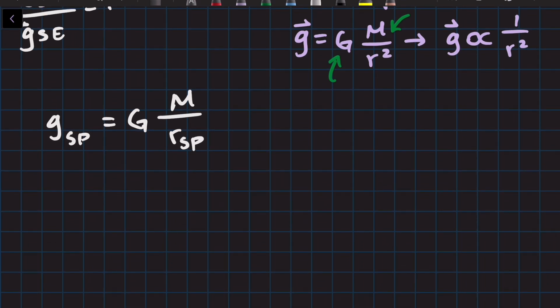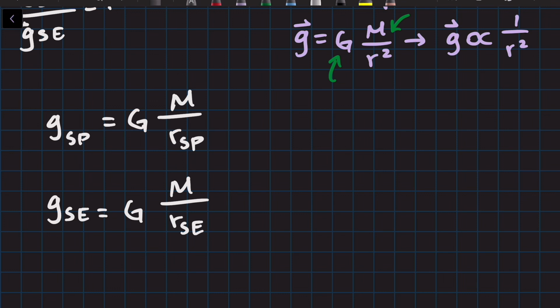Likewise, the gravitational field for sun and the Earth is going to be the gravitational constant, mass of the sun, divided by the distance between the sun and the Earth squared.